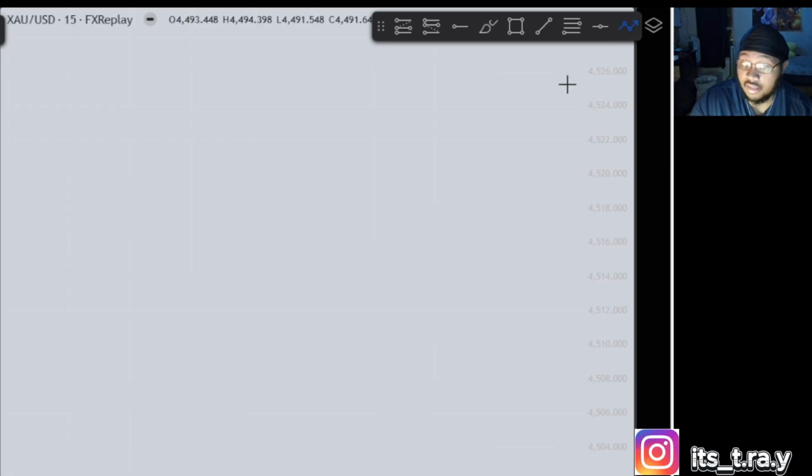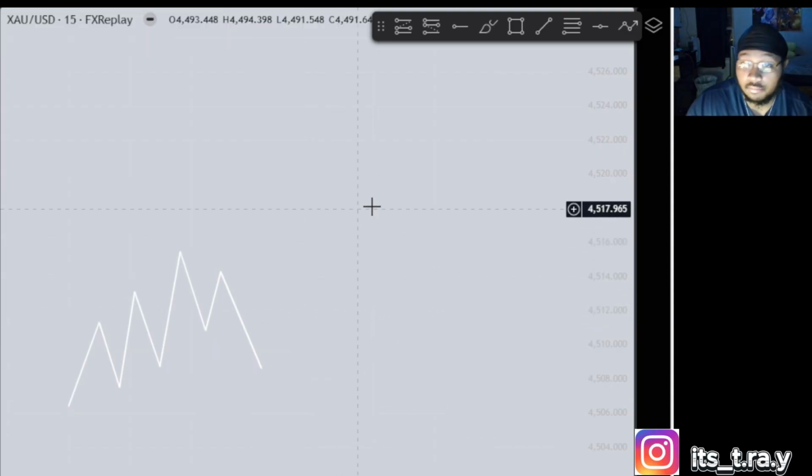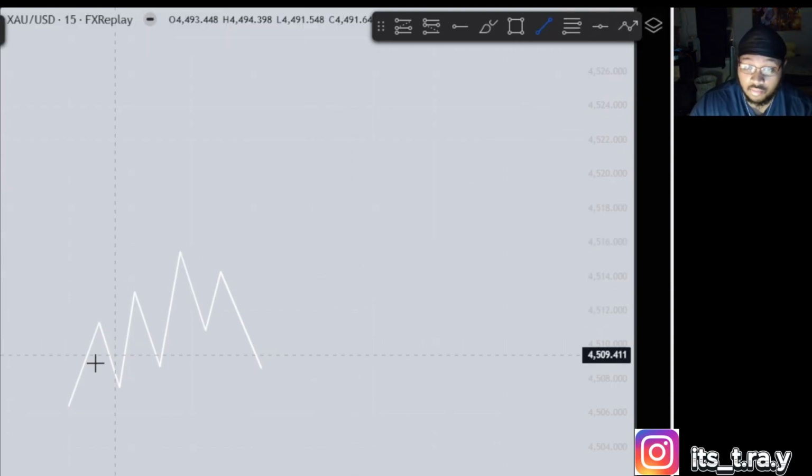Now you'll see on the chart that it'll do this sometimes. So we're in like a basic uptrend, right? So right here, we have a low, high, higher low, higher high, higher low, higher high.